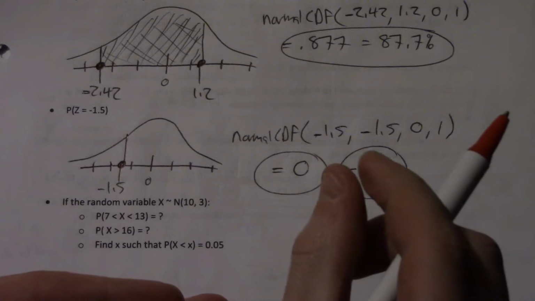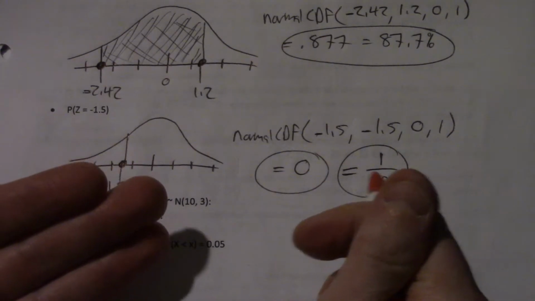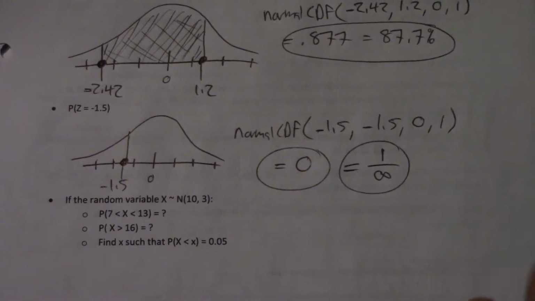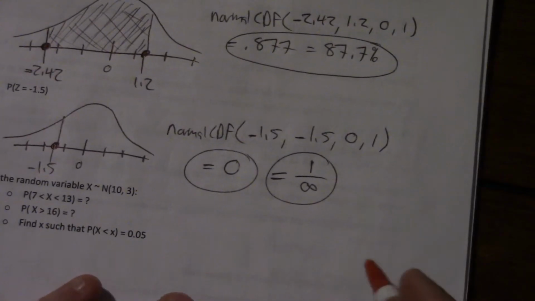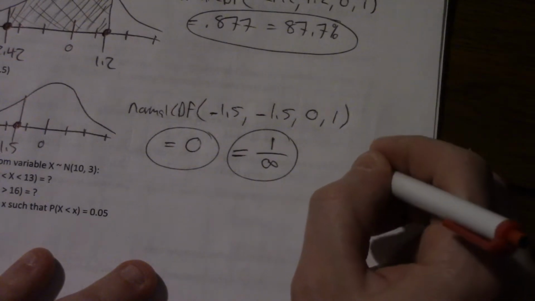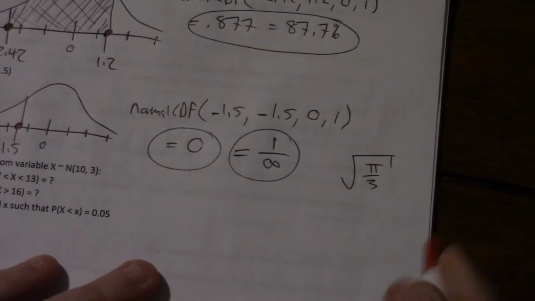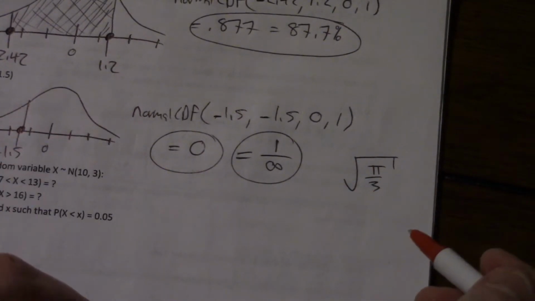It's some positive thing, but it's so small it's essentially meaningless. Okay. And in case you were wondering what the number that I was thinking of, it was the square root of pi over 3. So if you guessed that, good job.